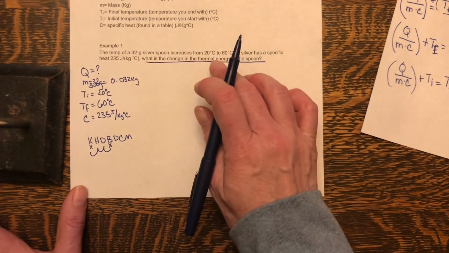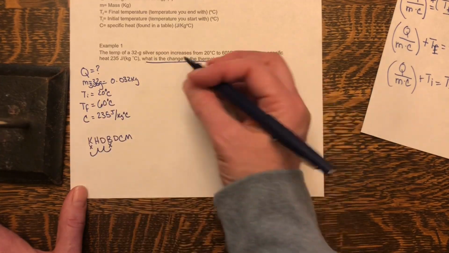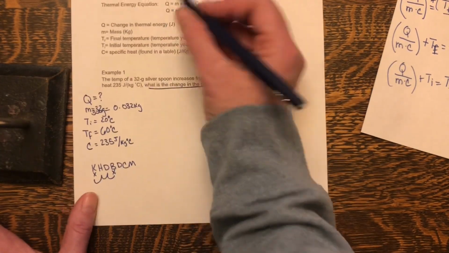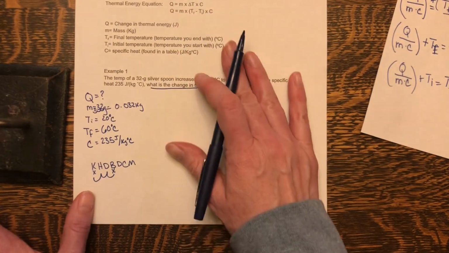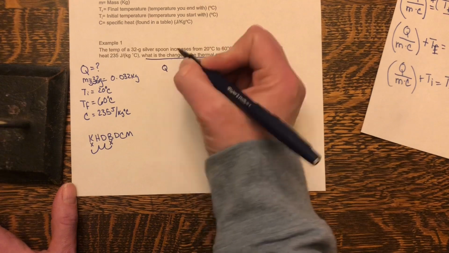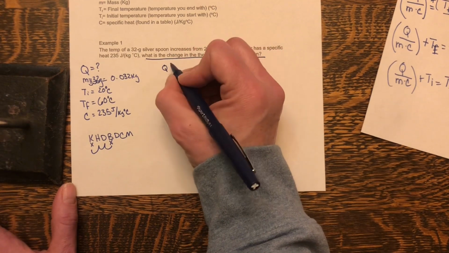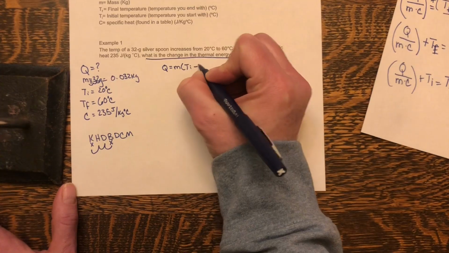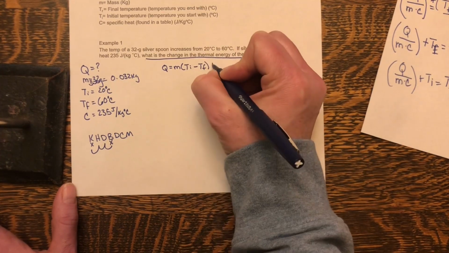Now we're ready to start calculating. So we underline the question, we wrote down our variables. Now we have to write the equation that we need. We're looking for Q, so this formula up here, that's what we're going to use. So we write down our formula without any numbers in there. Our thermal energy equals our mass times our temperature initial minus our temperature final times our specific heat.